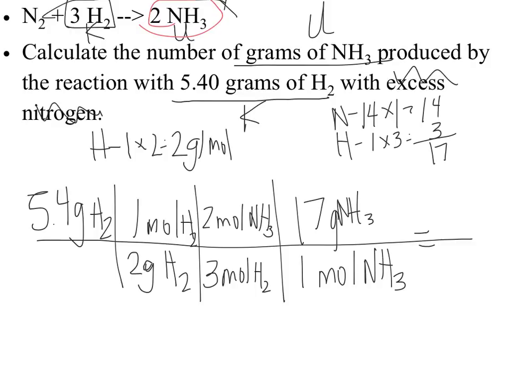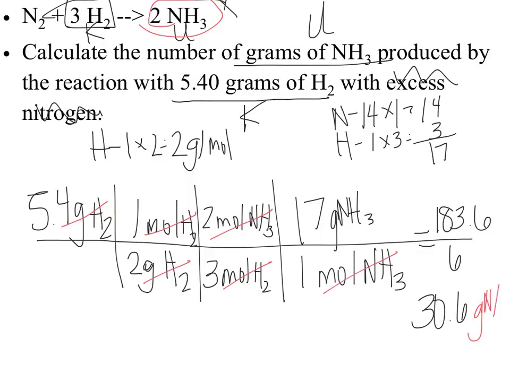So we're going to multiply across: 5.4 times 2 times 17 gives me 183.6, divided by 2 times 3, 6. So 183.6 divided by 6 gives me 30.6. And let's check our units. So grams of hydrogen cancels, moles of hydrogen cancel, moles of ammonia cancel, and I'm left with grams of NH3.